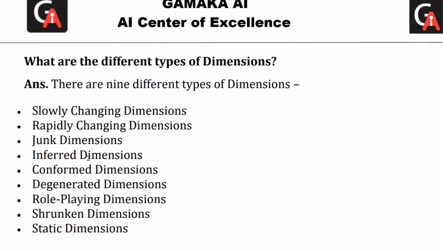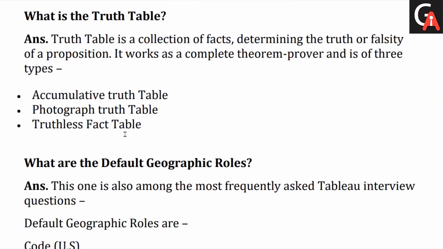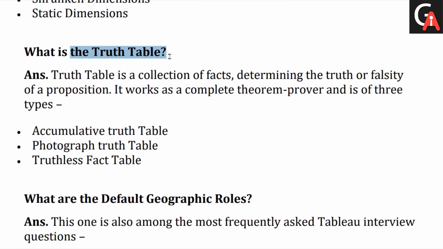So these are the different dimension types with respect to Tableau. Slowly changing dimensions are another important interview question for you guys if you want to prepare for advanced stuff.